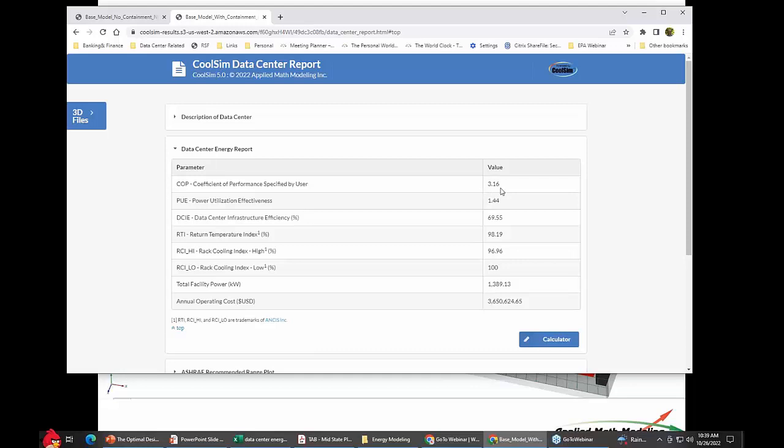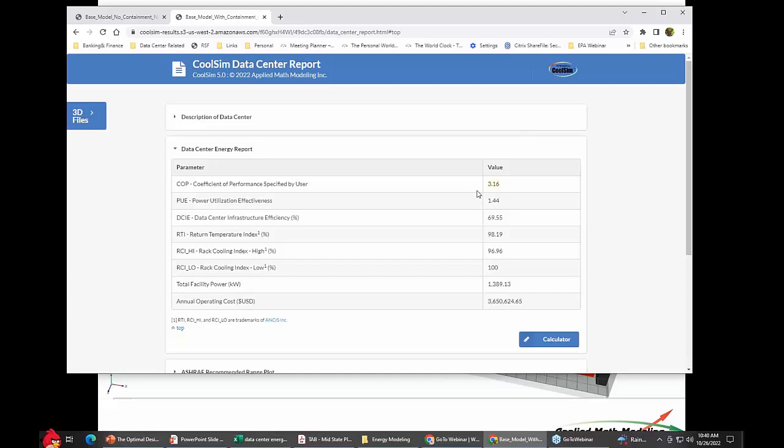Now the way I did that was to take the difference in return air temp and divide it by 1.8. I'm using a rule of thumb here again. For every 1.8 F that we increase the return air temp, we get about 3.5% improvement in COP.